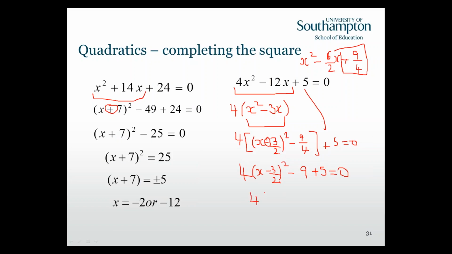So I've got 4 times x minus 3 over 2 squared minus 4. Oops. Which actually works out quite nicely because when I solve this, I take the 4 over, divide by 4, it just equals 1 with square roots. So x equals plus or minus 1.